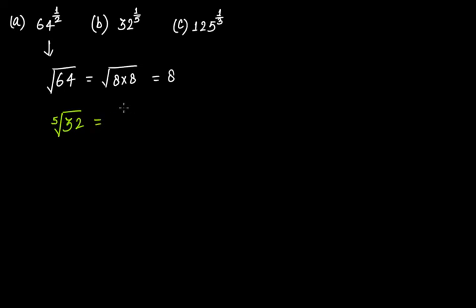So this is basically the fifth root of 2 multiplied by 2 multiplied by 2 multiplied by 2 multiplied by 2. That is the fifth root of 2 raised to power of 5, because 2 raised to power of 5 is 32. Therefore, the fifth root is 2.